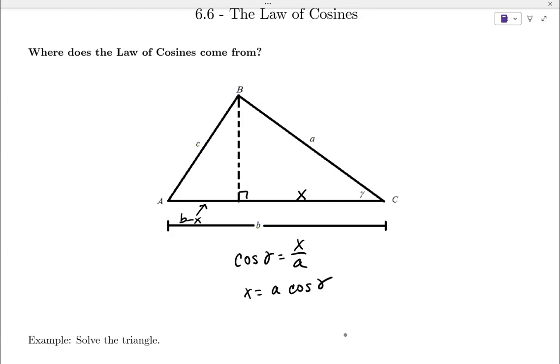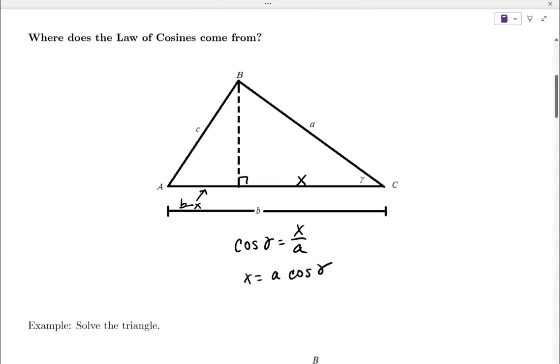All right. So now I know that this piece right here, I could write as b minus a cosine of gamma.